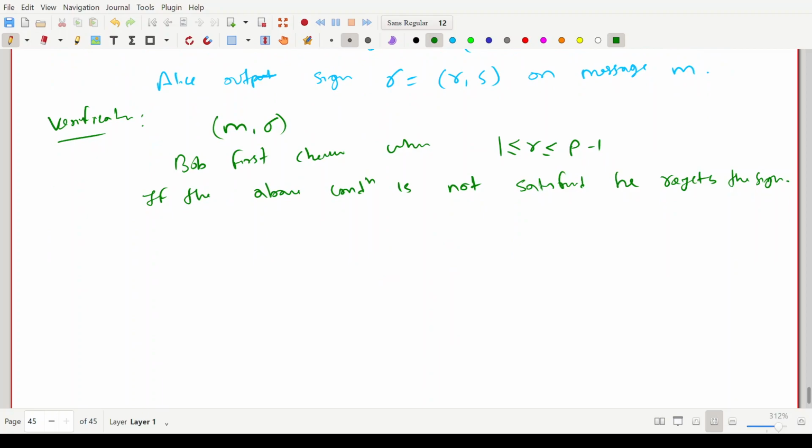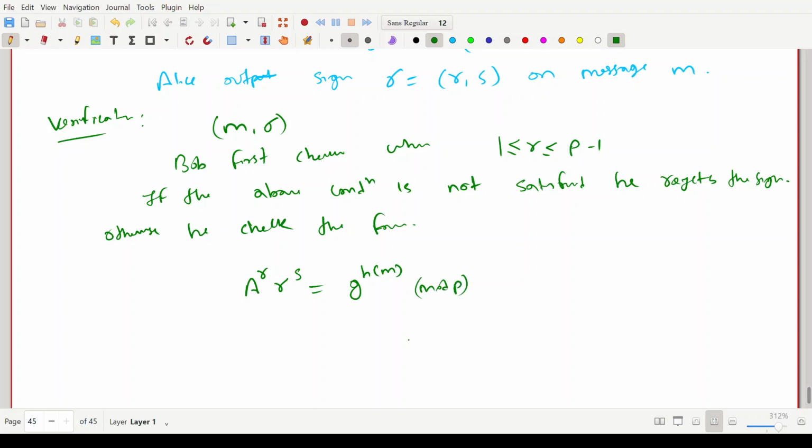Otherwise, he checks the following. We check A raised to R into R raised to S. This should be G raised to h(m) modulo p.